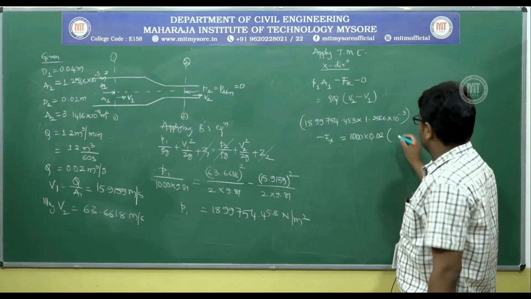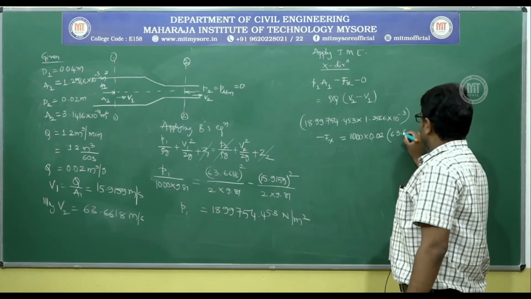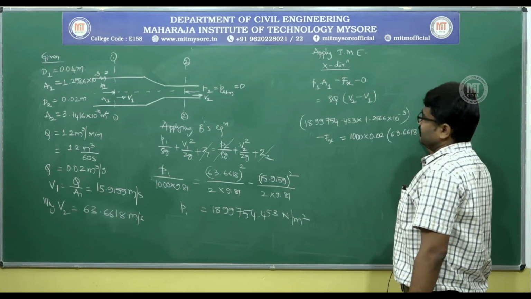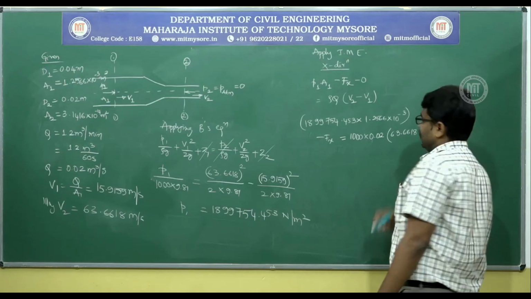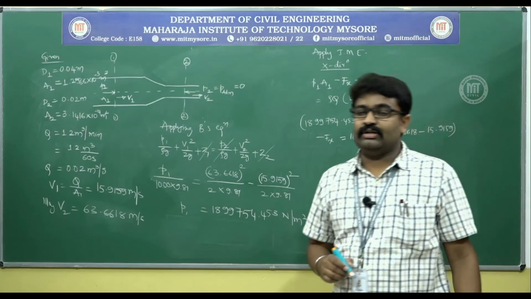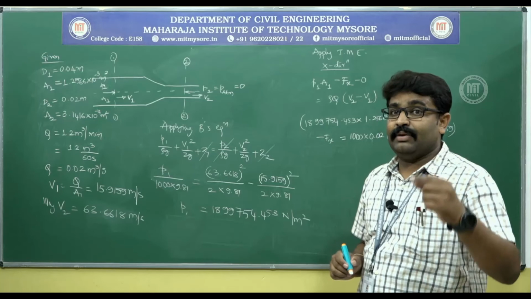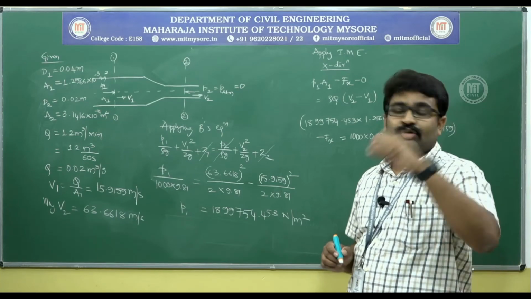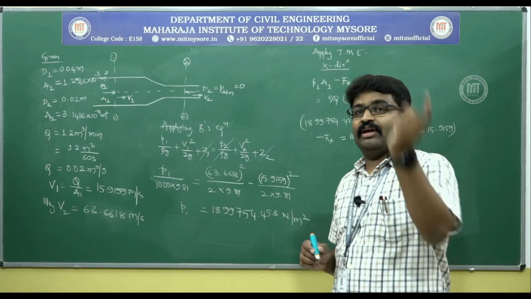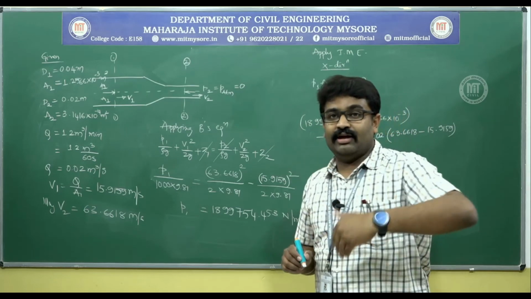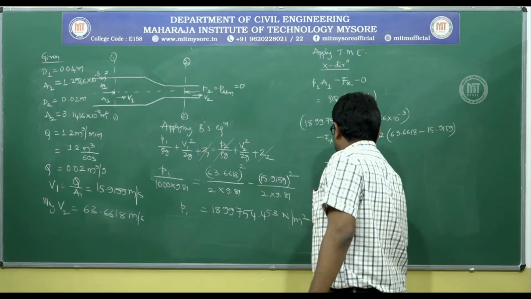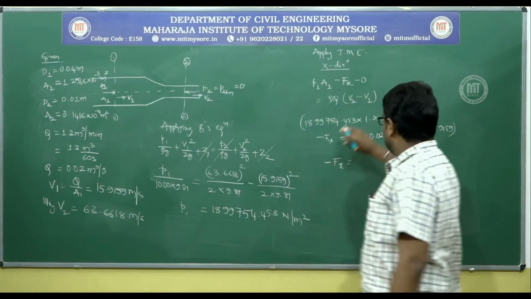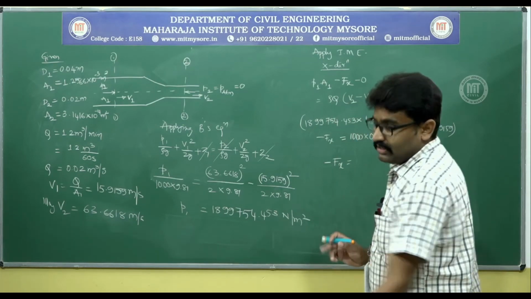What is final velocity? 63.6618 minus initial velocity is 15.9159. As I have told you, you are not finding out the force exerted by flowing fluid on nozzle, but you are finding out the force exerted by nozzle on flowing fluid.